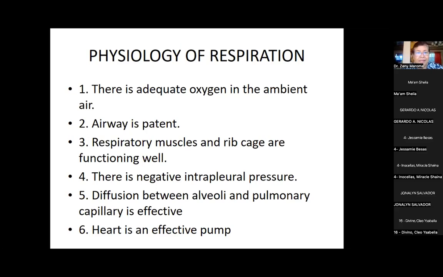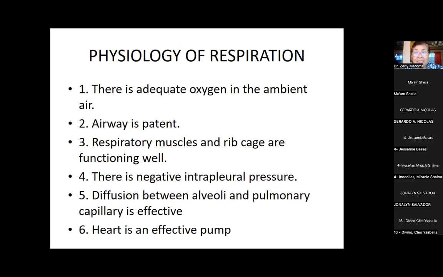Number two, airway is patent. Meaning, yung daanan ng hangin, the airway conducting system, is free of obstruction so that air can pass through. Three, respiratory muscles and rib cage are functioning well. So the major muscle of respiration is the diaphragm, which is innervated by the phrenic nerve, where the phrenic nerve arises from the cervical cord, from cervical 3 to cervical 5.